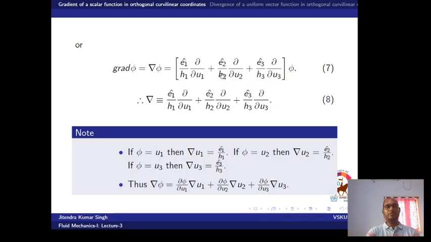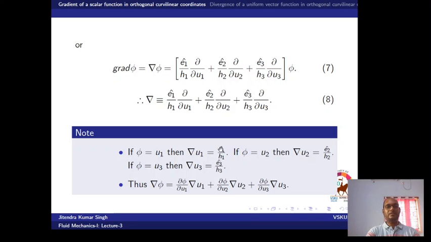The last two terms are 0, so we get e1 by h1. In the same way, if phi is equal to u2, we get grad u2 equal to e2 by h2, and if phi is equal to u3, we get grad u3 equal to unit vector e3 by h3.